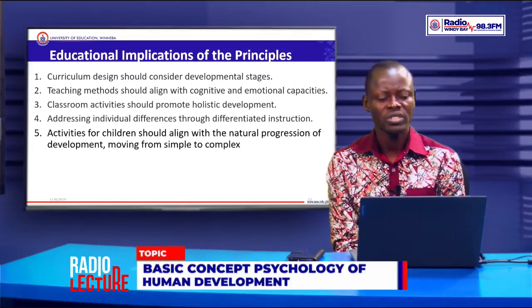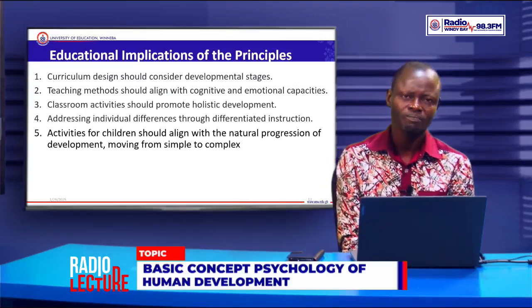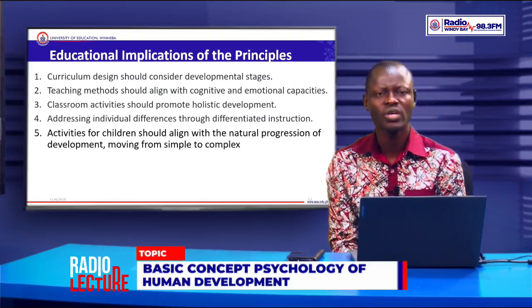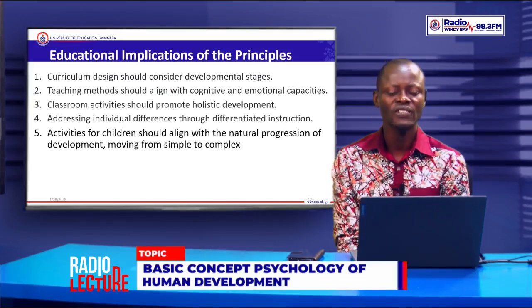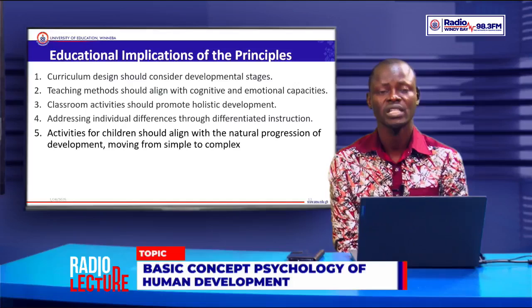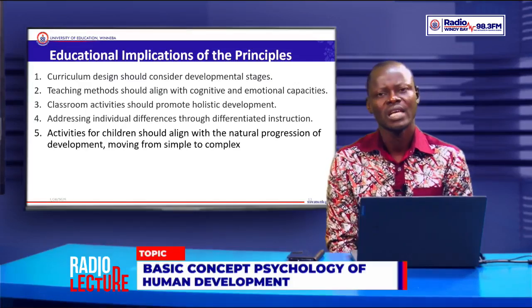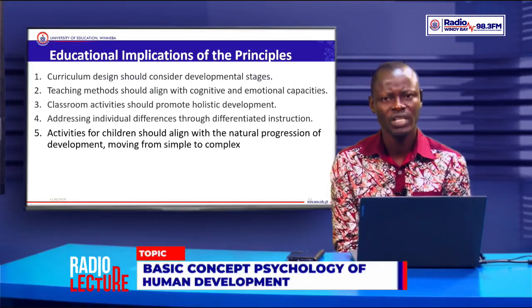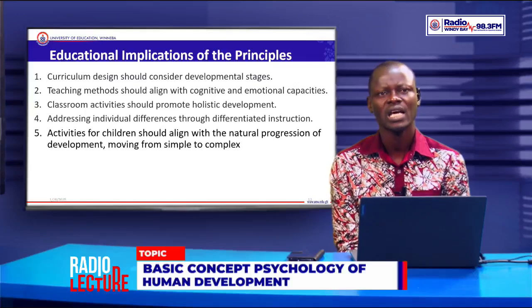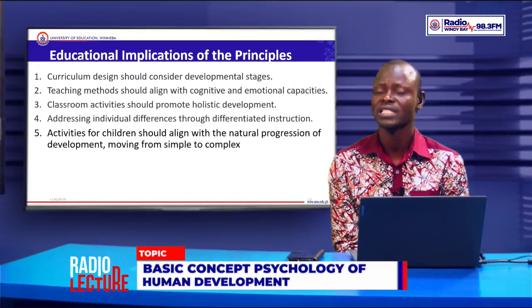Now, we are also saying that in terms of the educational implication, we have to address individual differences through differentiated instruction, which means that learners, as we see them in classrooms, some of them are low learners, others are average learners, and some are gifted and some are exceptional.